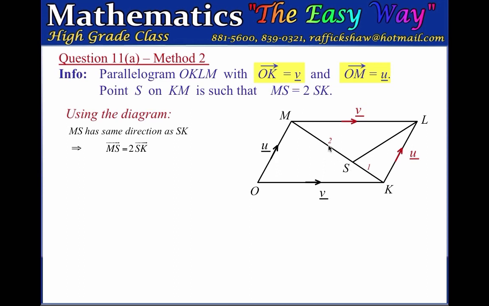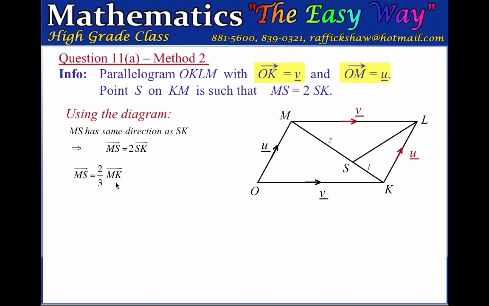So we can see that the total parts on the line is 3 parts, 2 parts here, 1 part here, and we can therefore establish that MS is 2/3 of MK and SK is 1/3 of MK, and that will help us to proceed through the solution fairly quickly. So this is what we are deducing from this observation.